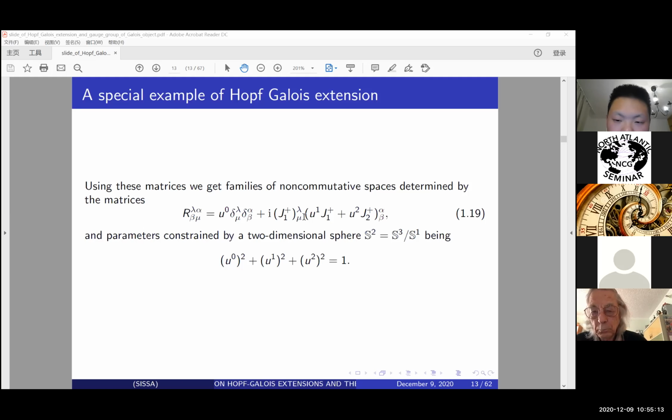Yes, there is a two-dimensional sphere of quaternions whose square is equal to minus identity. Okay, why is this square equal to minus identity? The basic quaternion squares to minus identity, but I don't understand why the quaternions have a sphere of dimension 2.